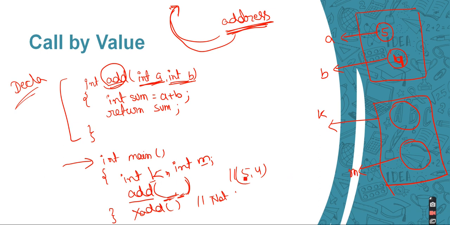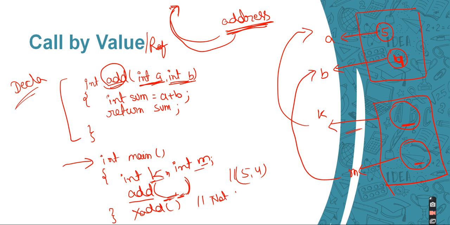So now I want this k and m to be passed there, but not by value. This time we need to pass the reference. Reference you can refer to as address. I don't want the value inside directly. I just want this k to go to this a and this m to go to this b. In that case, what can I do? I can use the address operator.